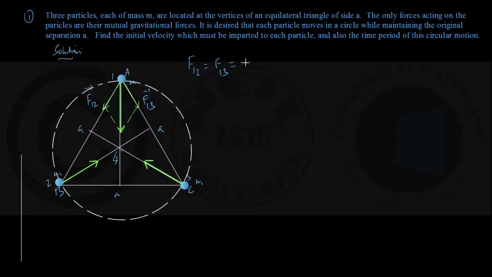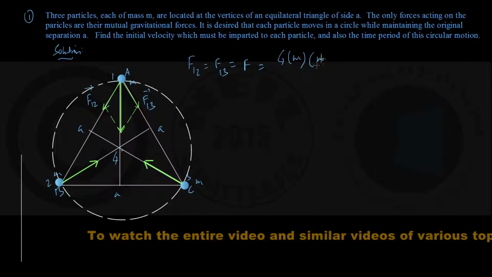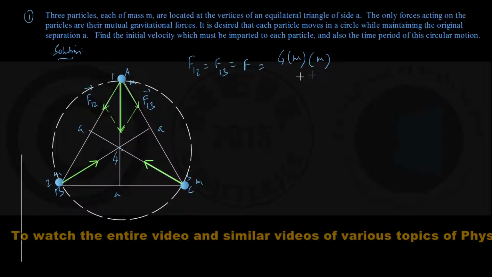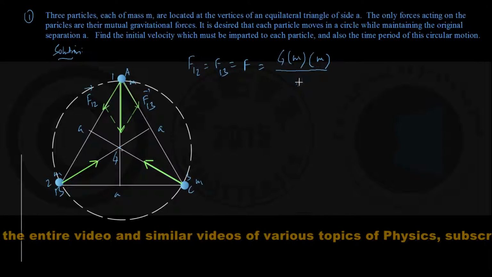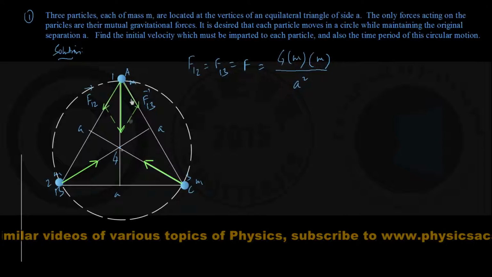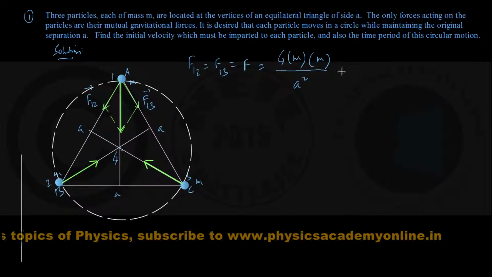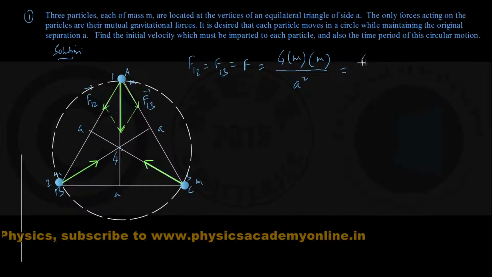So let me call that magnitude F, and this is given by the law of gravitation, capital G, the gravitational constant, into the masses of the interacting particles, m into m, divided by the square of the separation between the particles, either the length AB or the length AC, that is A only. So the magnitude of the force is G m squared by A squared.